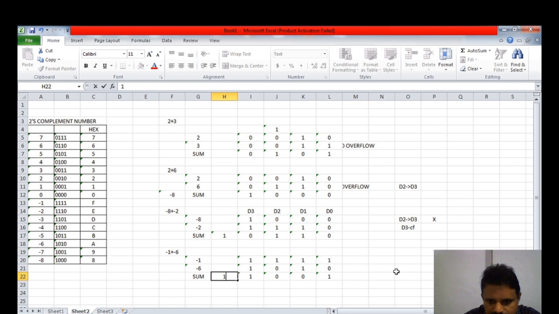Here, D3 to carry flag, a carry occurred. Then what about D2 to D3? This is D2.